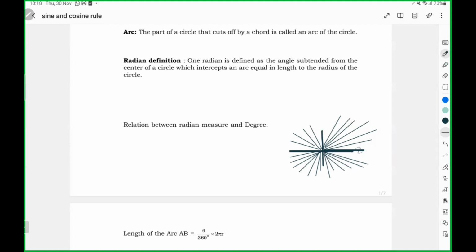So each part, this region, is called 1 degree. That is 1 by 360th part of the entire region.